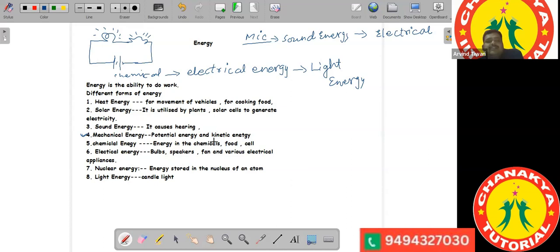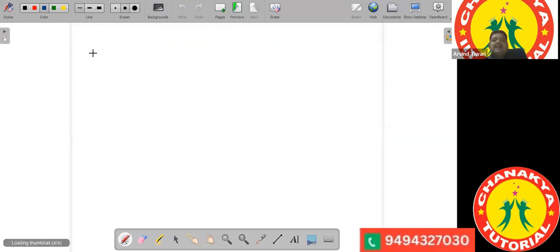That is why mechanical energy occupies a very important position in physics. Now let's see first what is potential energy and kinetic energy.